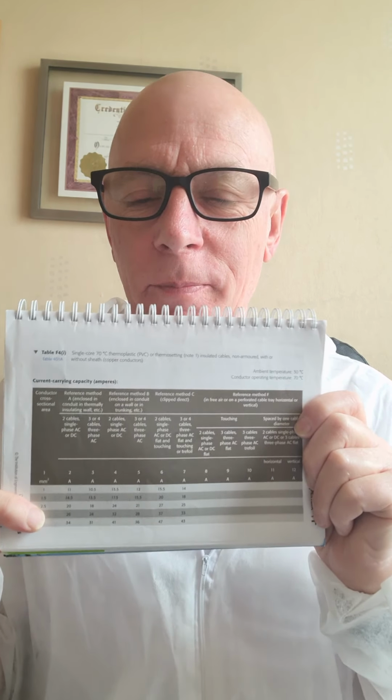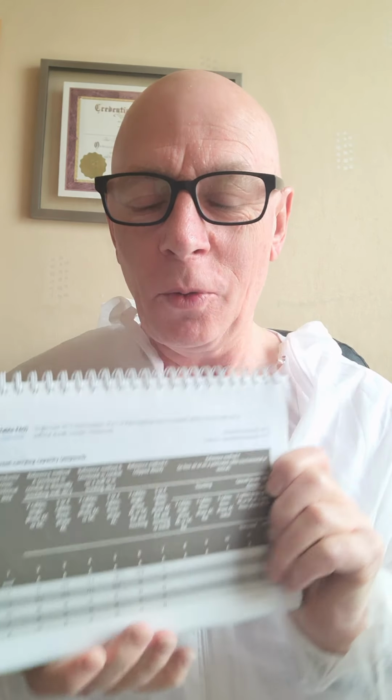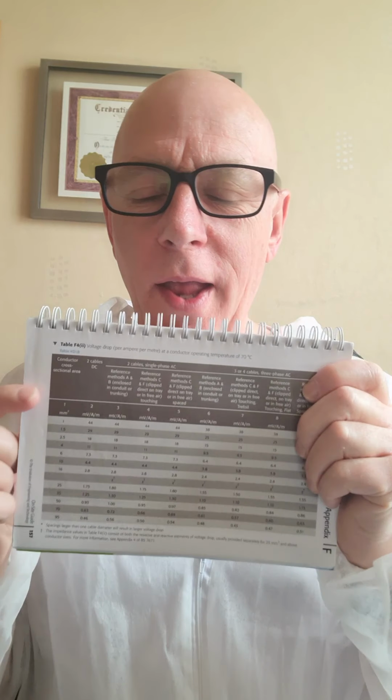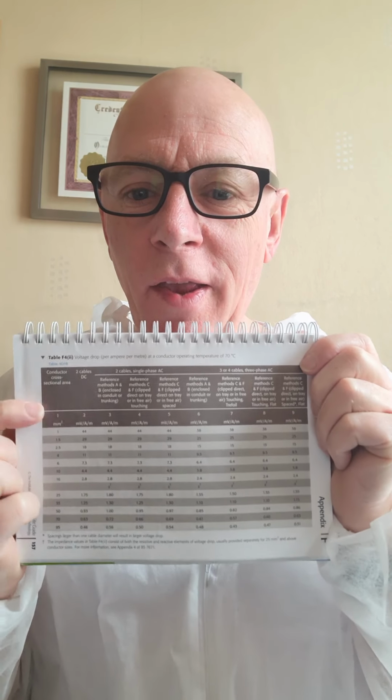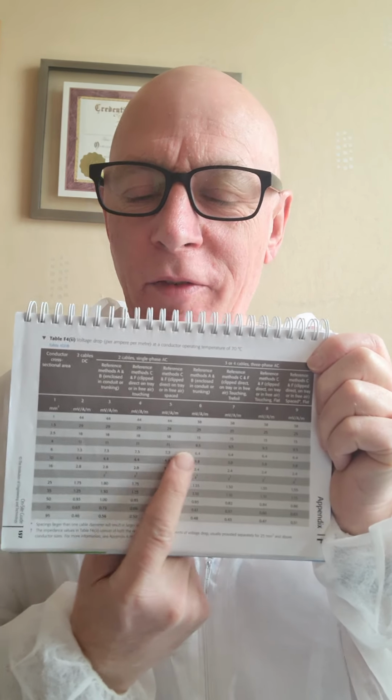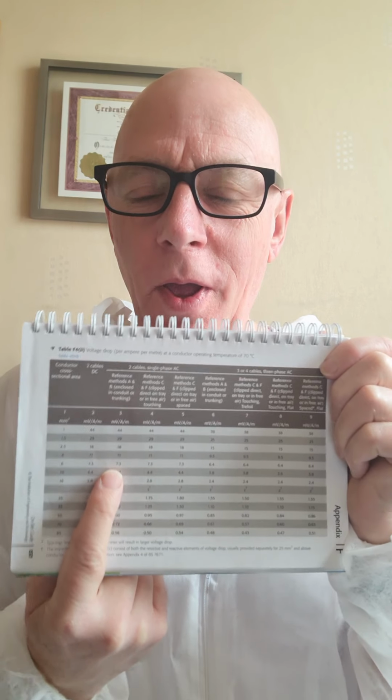Once you've found those and you've calculated your size of cable, you then need to move to table F42. Now F42 is to find your millivolt amps per metre volt drop that you apply to the volt drop calculation. So you use that in conjunction with F41. So when you're carrying out your volt drop calculation, this is the table that you need to refer to for single cables.